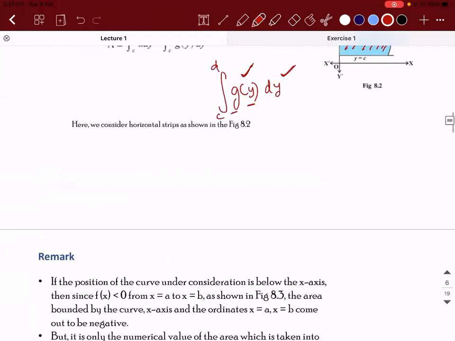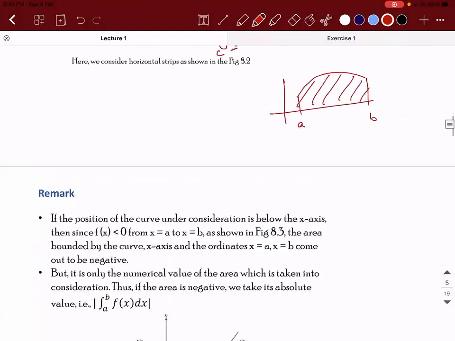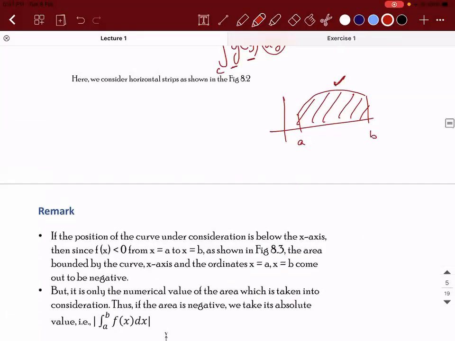The only thing is, when you calculate the area made by the curve and the independent axis, between the points a and b, see, for example, if this area is calculated above the x-axis with respect to the x-axis, then this area will come out to be positive.